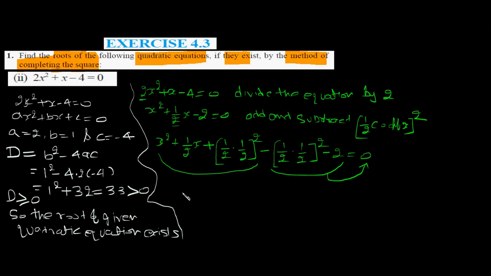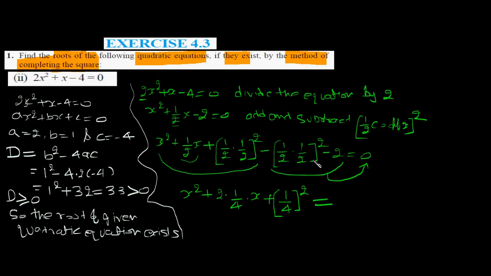They will be x square plus 1 by 2x. I can write this 1 by 2x as 2 into 1 by 4 into x, plus half into half, which is 1 by 4, its square will remain as it is, equal to.